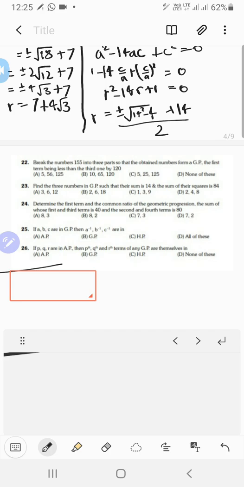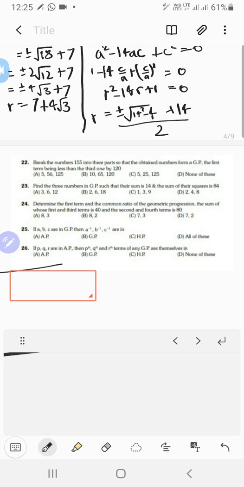I don't know what this really is. I think they are talking about the factors of 155.